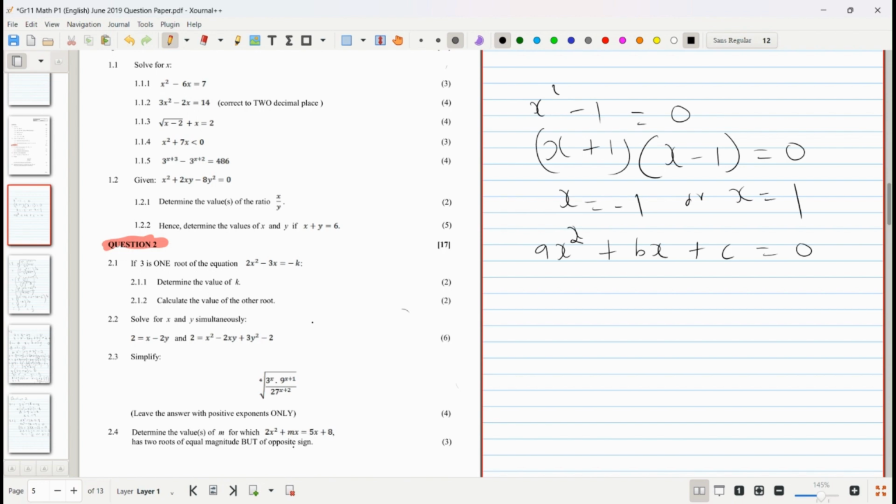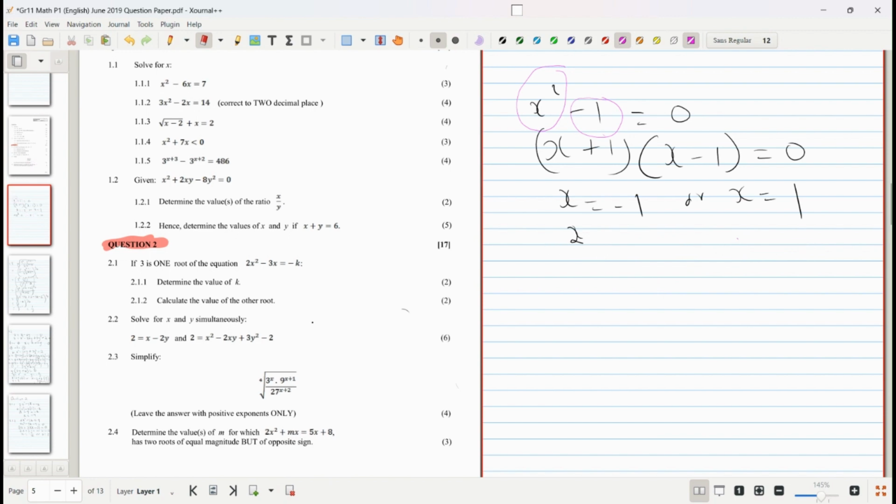In this case, this is ax to the power 2, and the c here is a constant, negative 1. But we don't have bx, so bx equals 0. So we must make sure that when we write this equation in its standard form, bx equals 0.